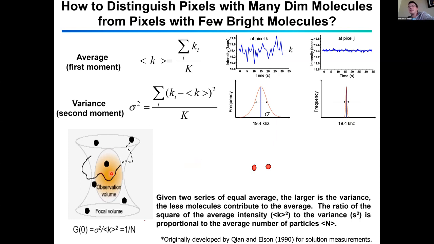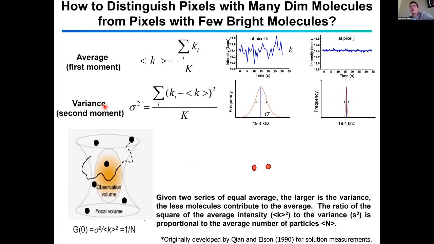In the other scenario, if you have very dim molecules, but a lot of them, if one of those molecules moves in and out of the observation volume, that will not change your signal very much. So the fluctuation will be small.